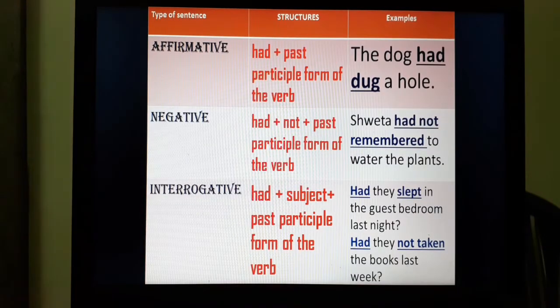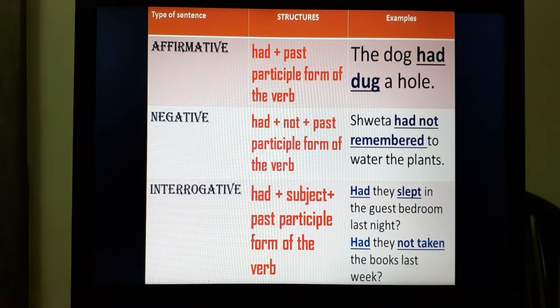Let's see the structure of past perfect in the affirmative, negative and interrogative sentence. In affirmative, the structure is had plus past participle form of the verb. Example, the dog had dug a hole, had dug. Dig is the base form of the verb. In negative, had not plus past participle form of the verb.